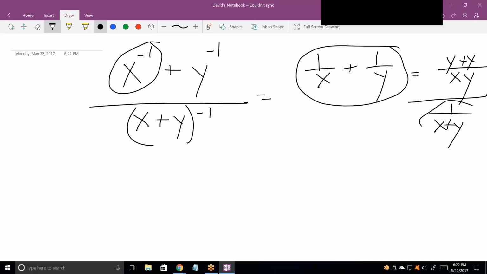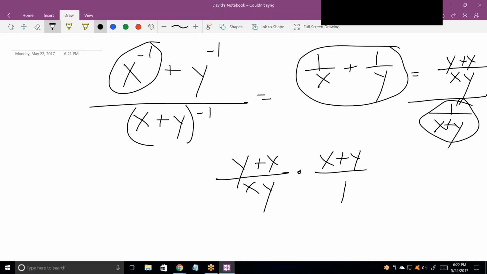Well, that's already a single rational quotient. So I can flip and multiply. So now I have y plus x over xy times x plus y over 1, which almost makes me think I made a mistake because it would be really nice if that was in the denominator.